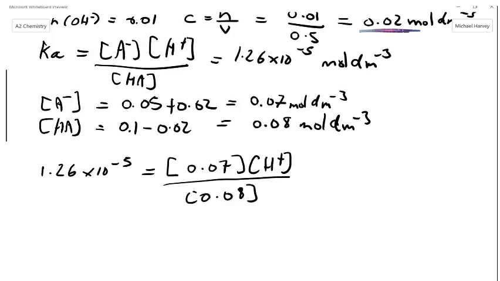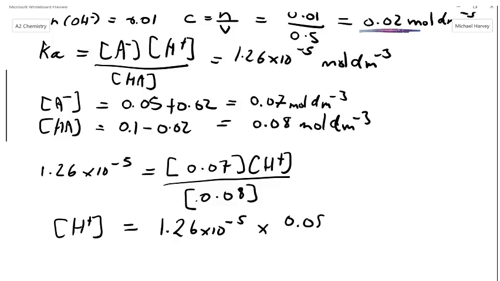If we rearrange the equation, the proton concentration will equal 1.26 times 10 to the negative 5 times 0.08 divided by 0.07. That now equals 1.44 times 10 to the negative 5 moles per decimeter cubed.